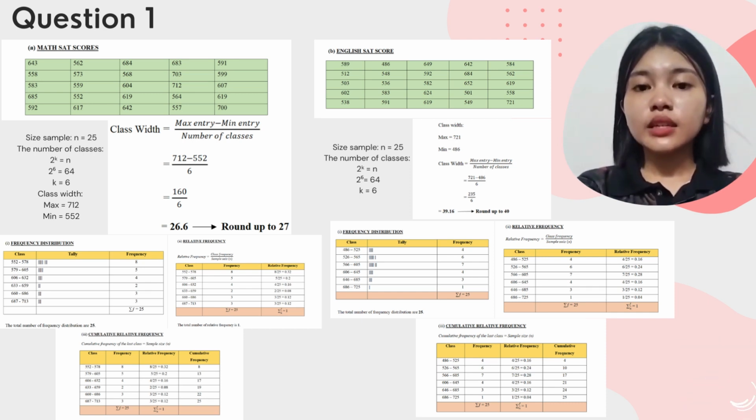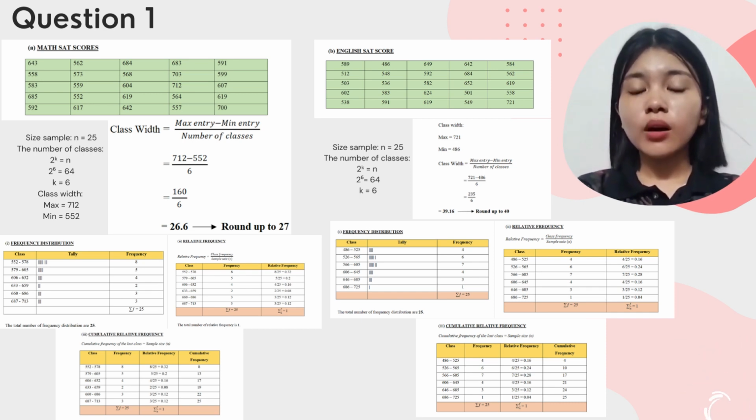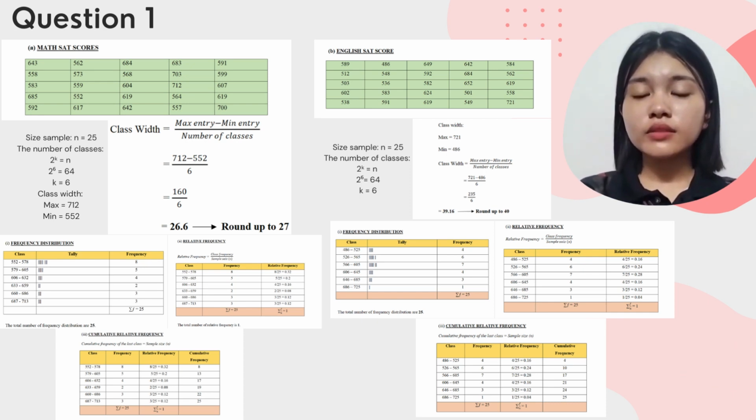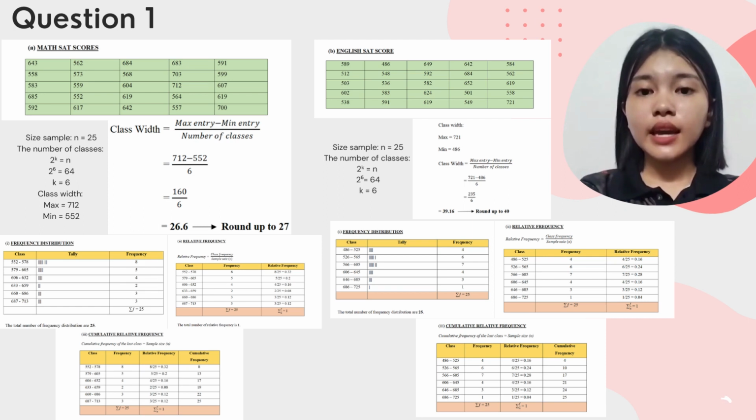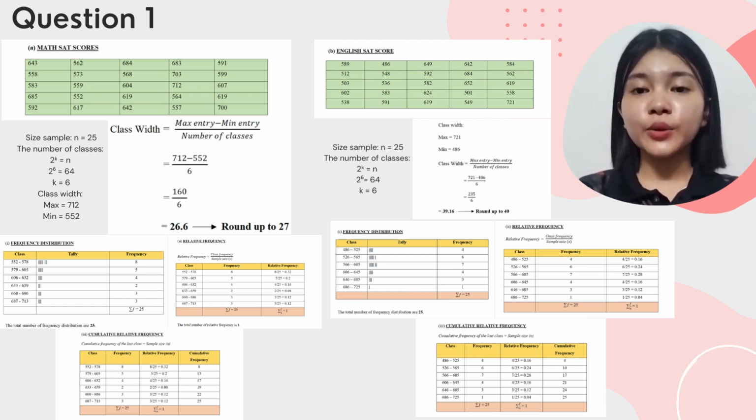For Math SAT score, we determine the number of classes is 6 because the sample size that we got is 25. In this case, we use 2 to the power k. So 2 to the power 6 equals 64, which is greater than our sample size, which is 25.